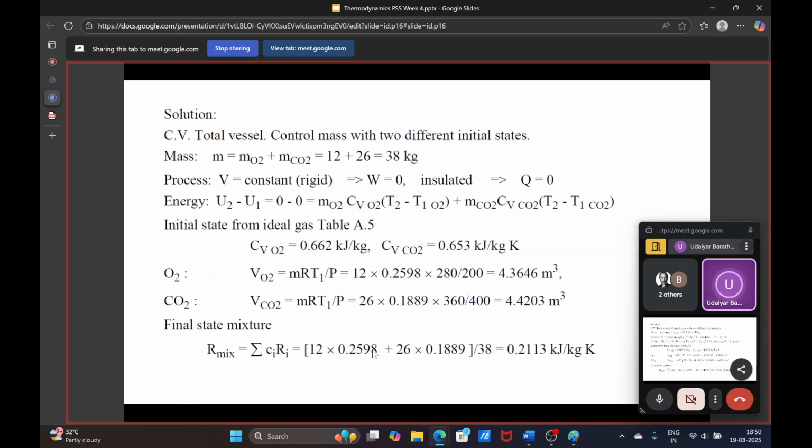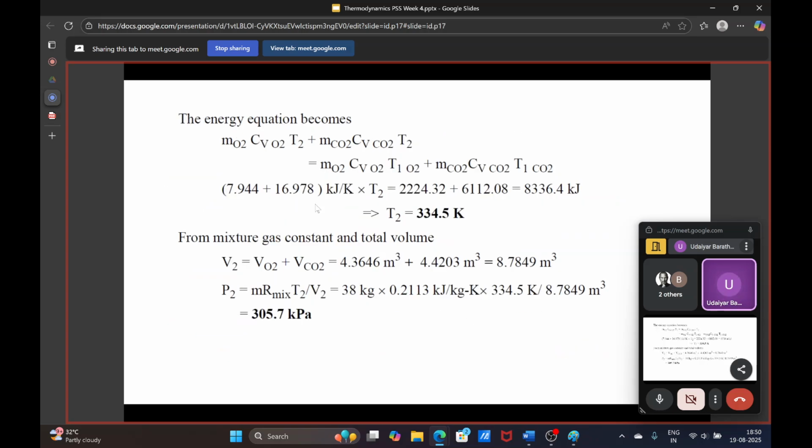So 12 into the gas constant of oxygen plus 26 into the gas constant of carbon dioxide, divided by the total mass, gives you 0.2113 kilojoule per kg Kelvin. The total volume will be the sum of the individual volumes occupied by the gases, so that comes out to be 8.7849 meter cube.